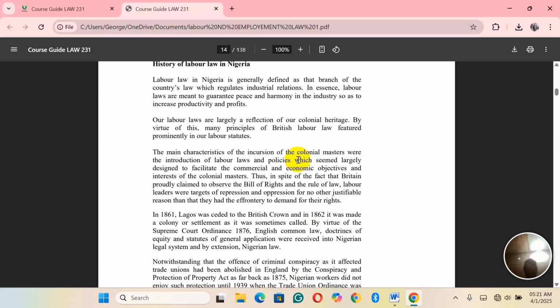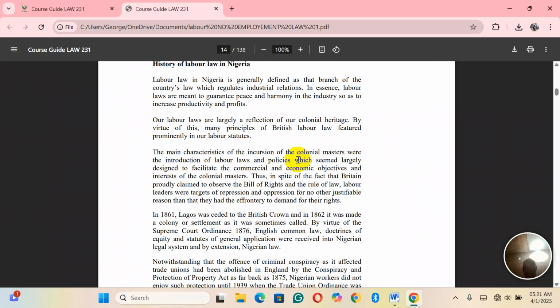The main characteristic of the inclusions of the colonial masters was the introduction of labor laws and policies which seem largely designed to facilitate the commercial and economic objectives and interests of the colonial masters.